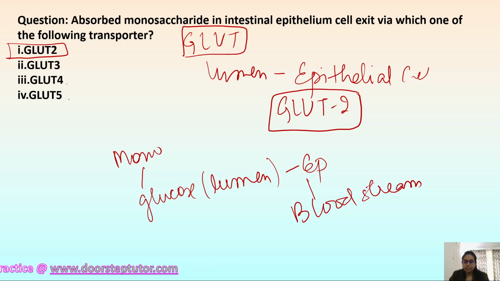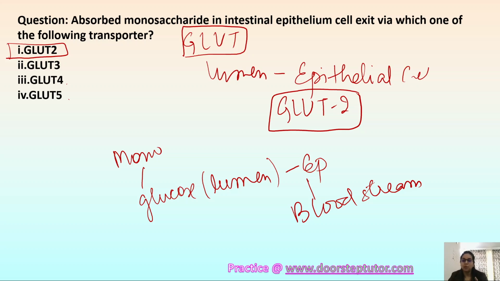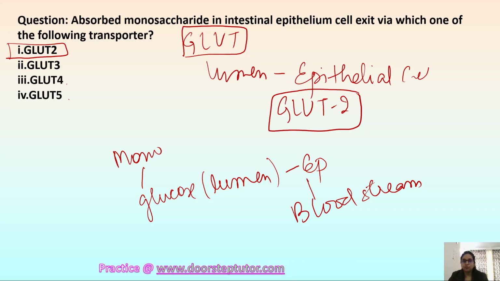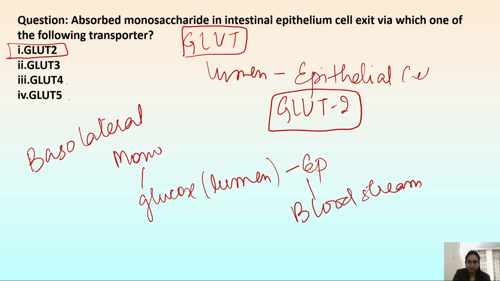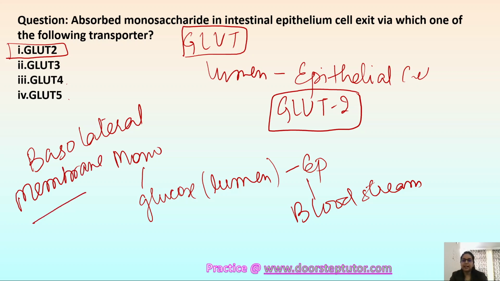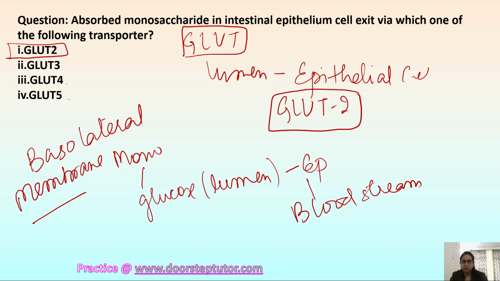The GLUT2 transporter is a glucose transporter embedded in the cell membrane of the intestinal epithelial cell, and it is unique in that it has a high capacity for transporting glucose and other monosaccharides. GLUT2 is present at the basolateral membrane, so it facilitates the exit of the monosaccharides, allowing them to move from the epithelial cell into the bloodstream.